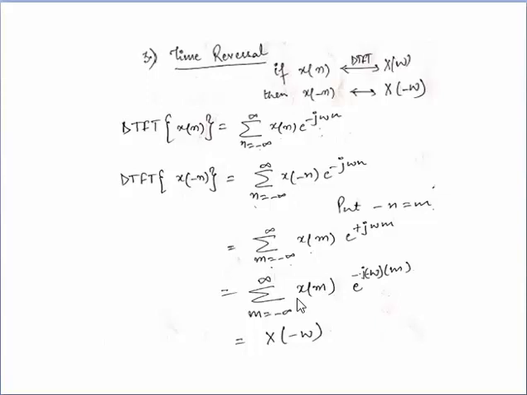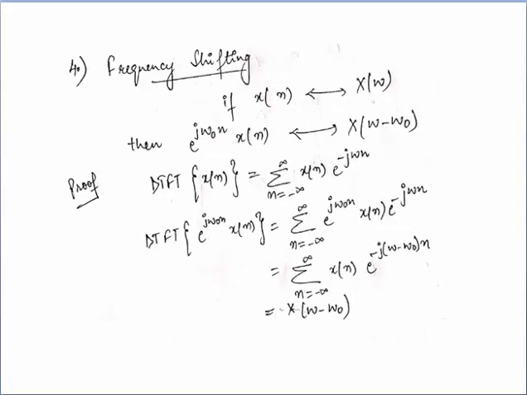So it is equal to summation m tends to minus infinity to infinity x(m) e raised to power minus j of minus ω into m, and this is the formula of X(minus ω), that is the time folding property of discrete time Fourier transform, hence proved.